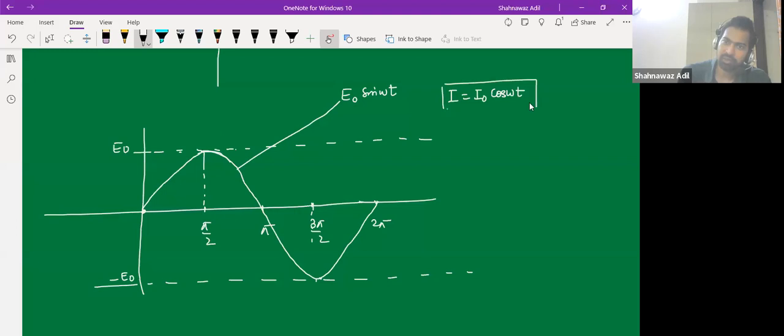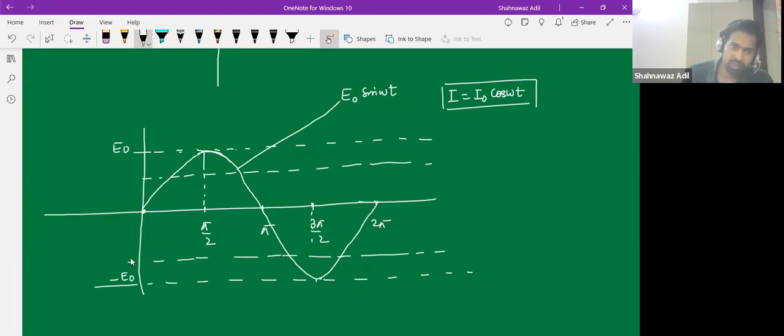We know that I naught is smaller than E naught, so let us write this accordingly. This is my minus I naught, and this is my I. Can you guys tell me, if I take omega t to be 0, what is my I?